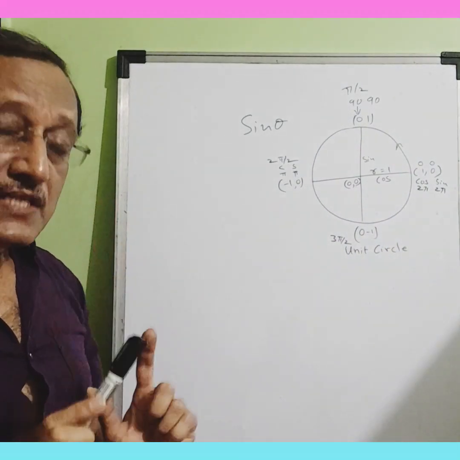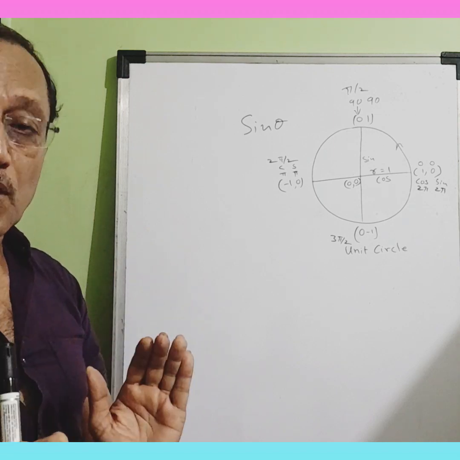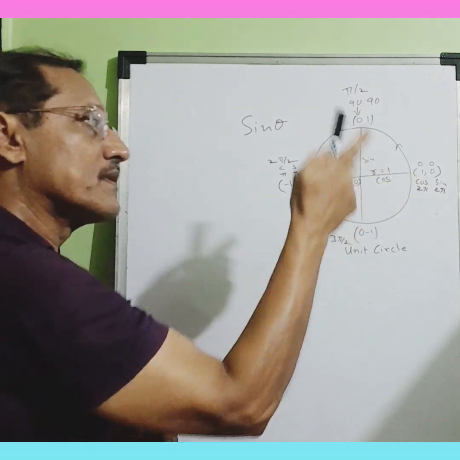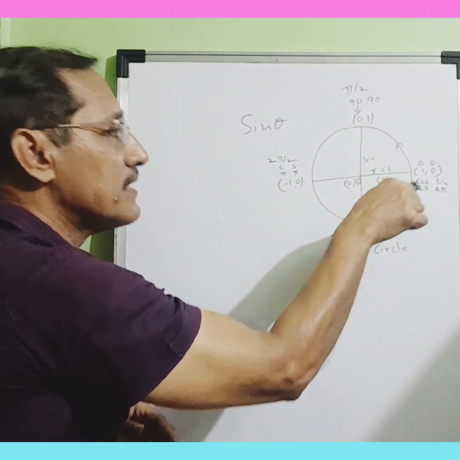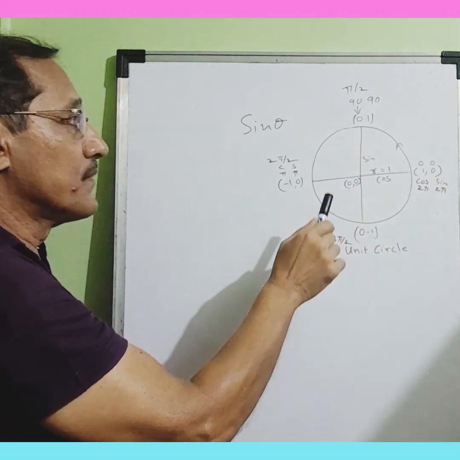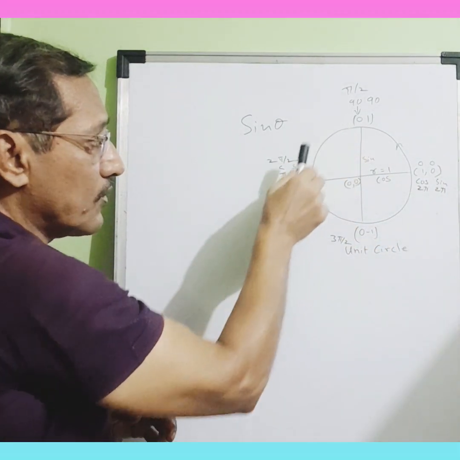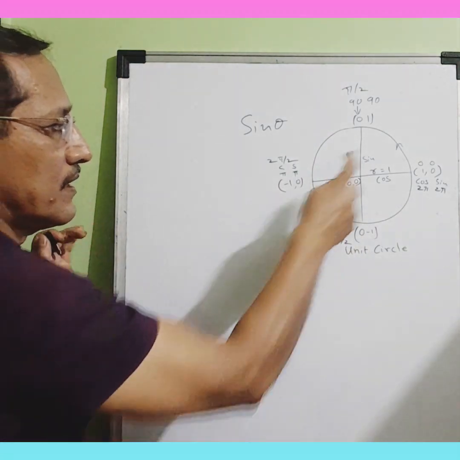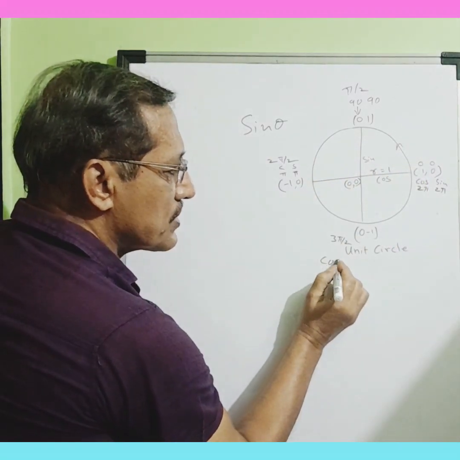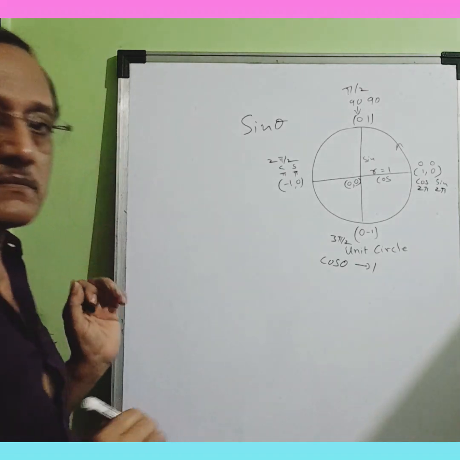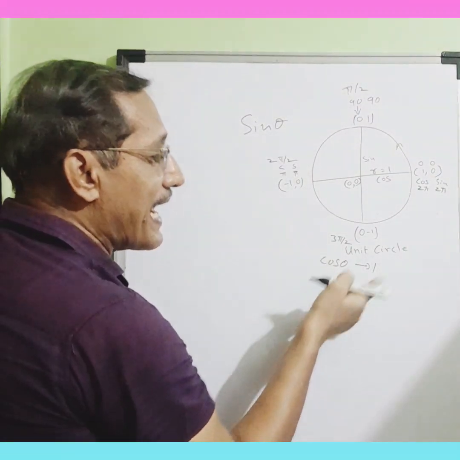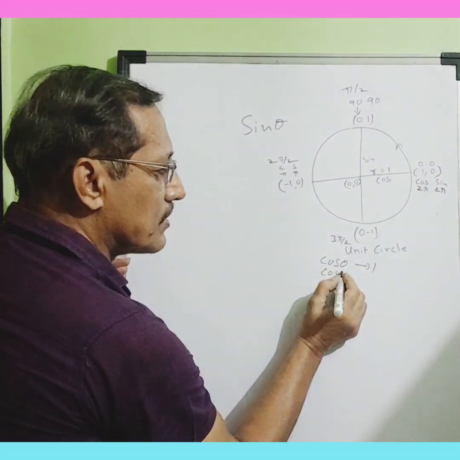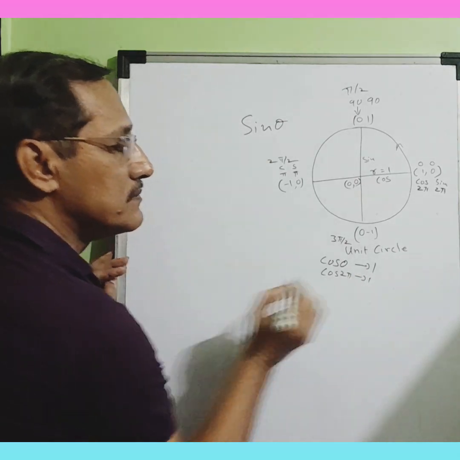We will find that the values keep on repeating. This is what is called the coterminal formula. To this 2 pi, I added another 2 pi, so it became 4 pi having the same value. I added another 2 pi, same value. And it's true for all these places too. Just for example, cos 0 is 1. I add 2 pi to that using the coterminal formula, so cos 2 pi also would be 1.